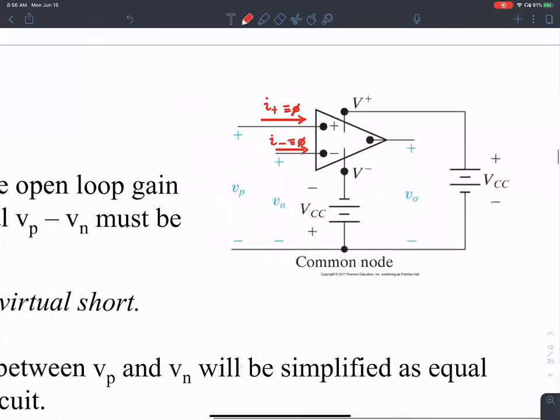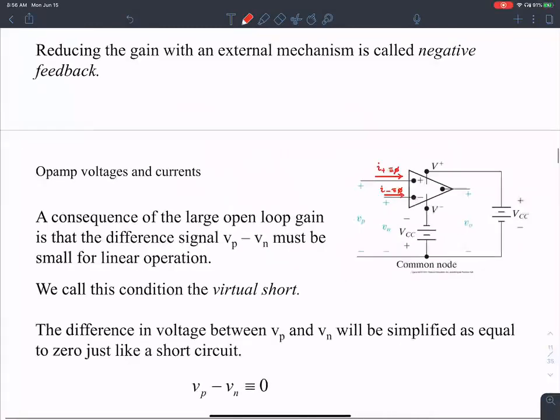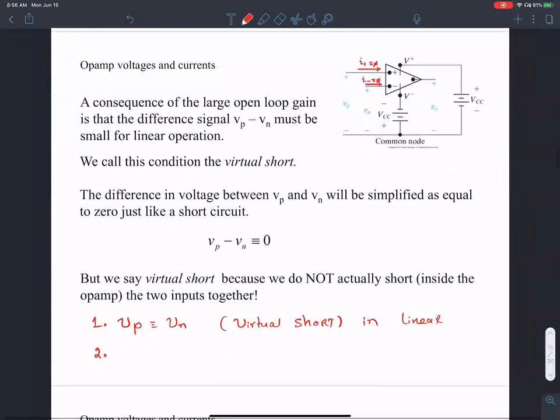So that's the idea of the ideal op-amp assumption. I positive, the current going into the op-amp positive terminal, is equal to the current flowing into the negative terminal, is exactly equal to 0. This is the idea of infinite input resistance.